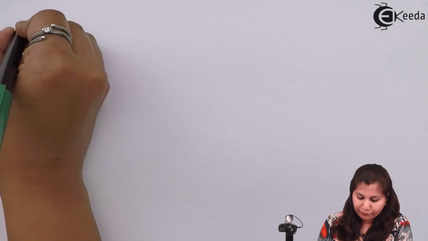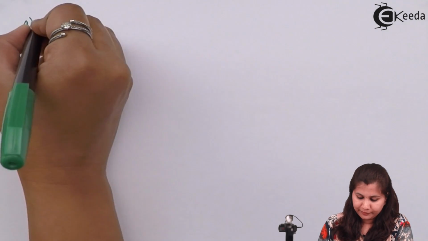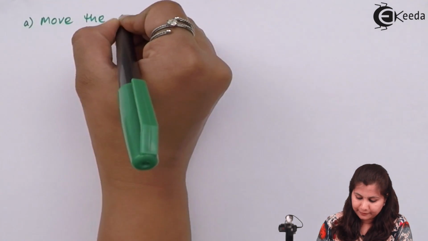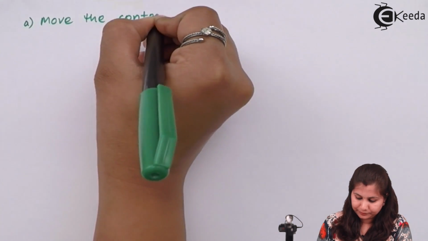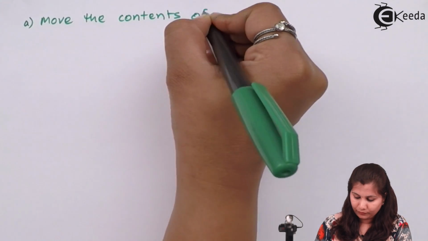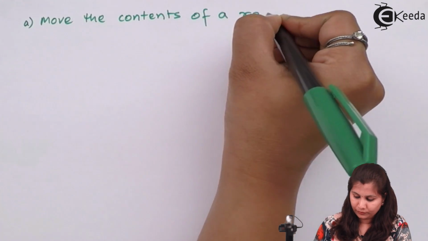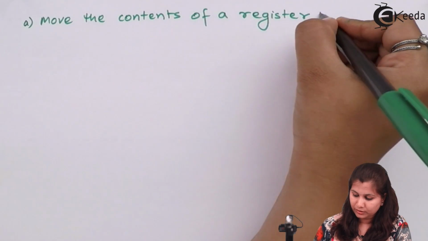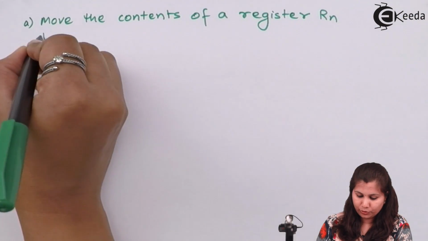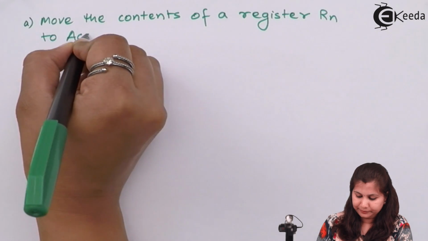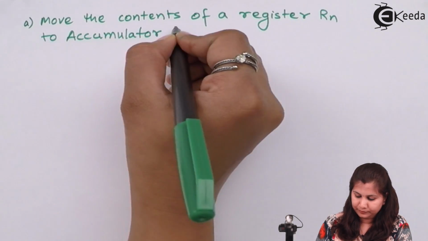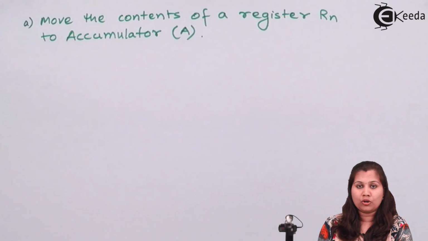The first type of move instruction moves the contents of a register Rn to the accumulator.